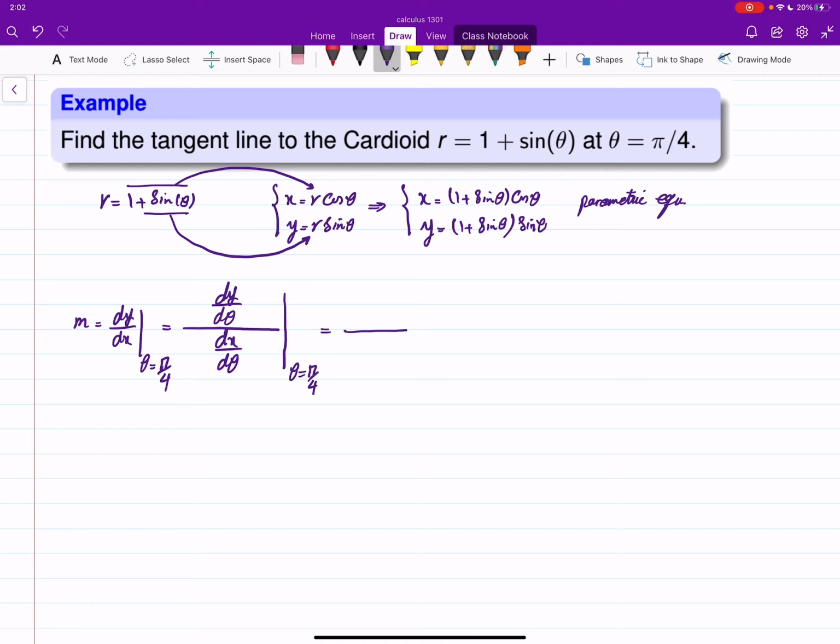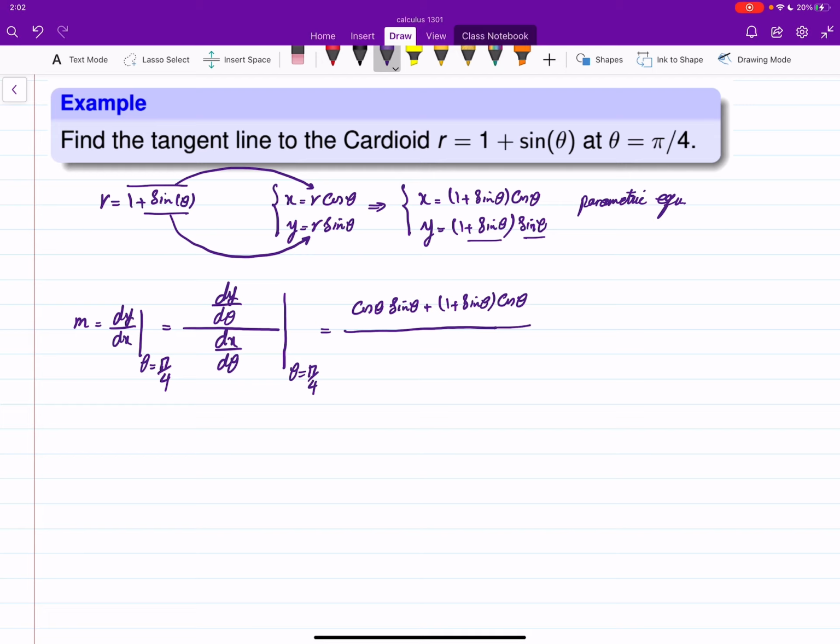Now that I have everything there, I go ahead and differentiate. The derivative of y with respect to x: this is the product rule. First one is cosine theta times the second one, plus the first one itself times the derivative of sine, which is cosine.